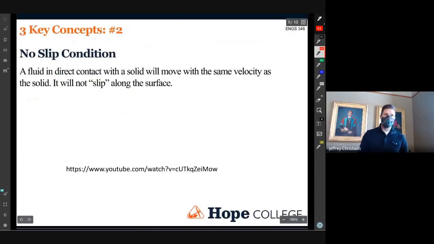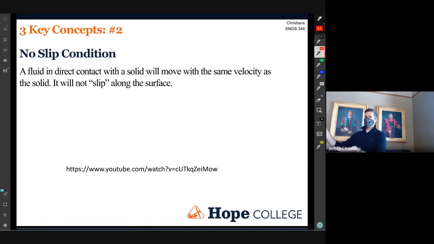Okay, another key concept for a fluid, and we'll talk about this a lot, and you have seen it at work in the real world, and I'm assuming that nobody's ever actually thought of it this way. It's what we call the no-slip condition. So in the world of fluids, very often we have a solid-fluid boundary, right?